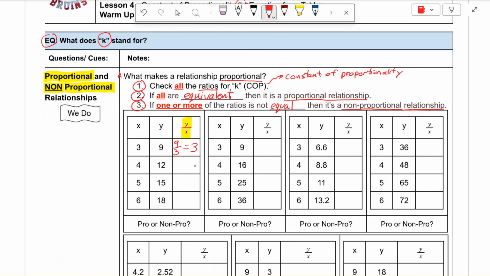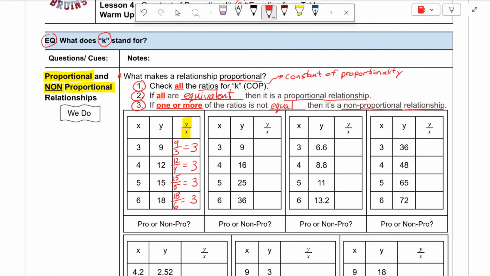So what we're looking for is 3's in all the rest of these boxes. So the next one is 12 is the y, goes on top, x goes on the bottom. 12 divided by 4 is 3 again. 15 goes on top, it's the y. 5 goes on the bottom, it's the x. 15 divided by 5 is 3 again. And finally 18 on top and 6 on the bottom. 18 divided by 6 is 3 again.